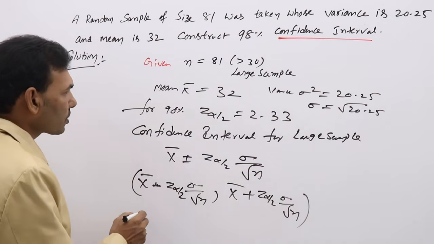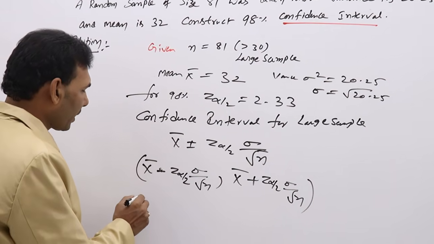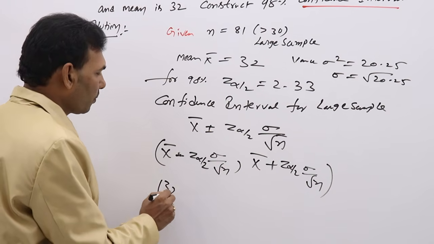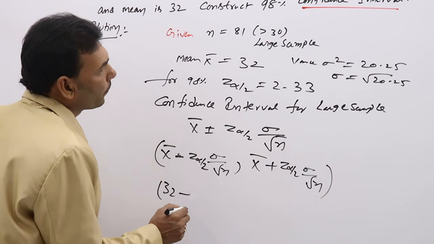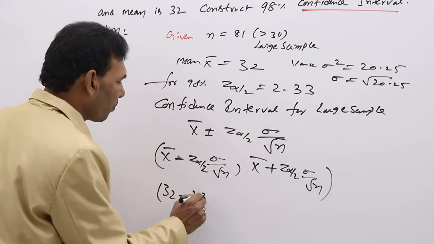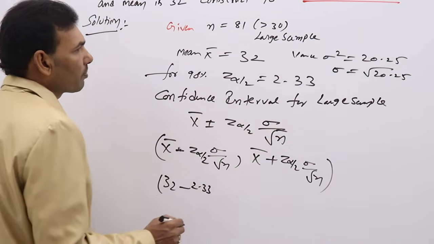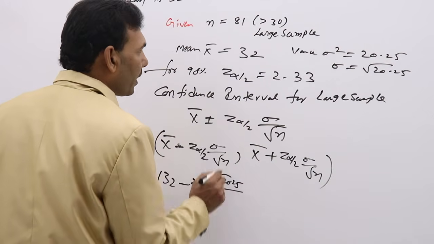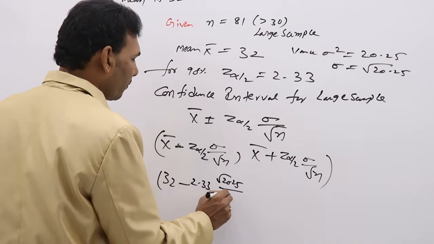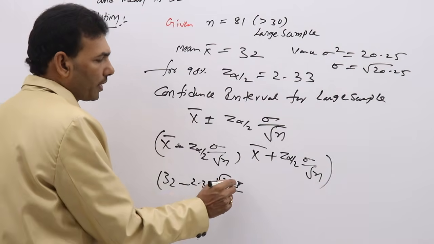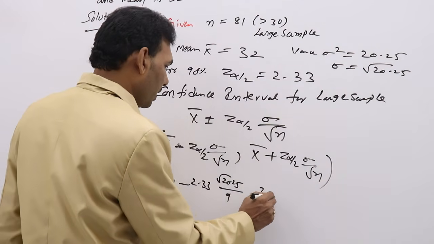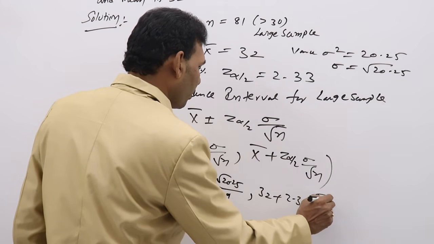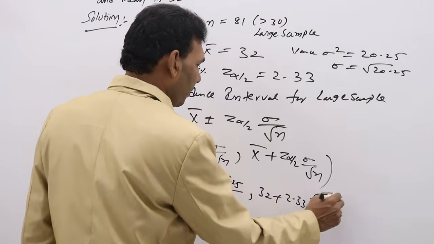Substituting the values, you get 32 minus 2.33 into root 20.25 by root 81, which is 9, comma 32 plus 2.33 root 20.25 by 9.